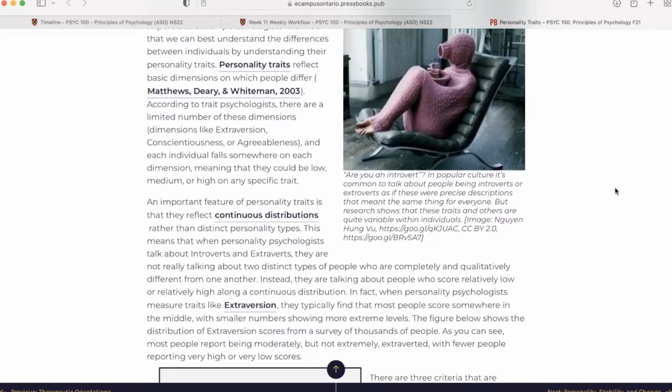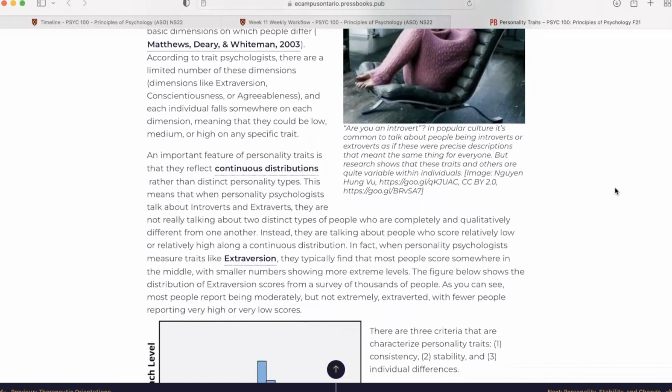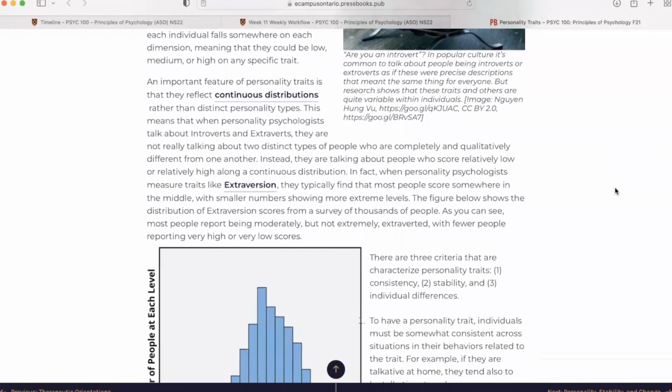An important feature of personality traits is that they reflect continuous distributions rather than distinct personality types. This means that when personality psychologists talk about introverts and extroverts, they are not really talking about two distinct types of people who are completely and qualitatively different from one another.